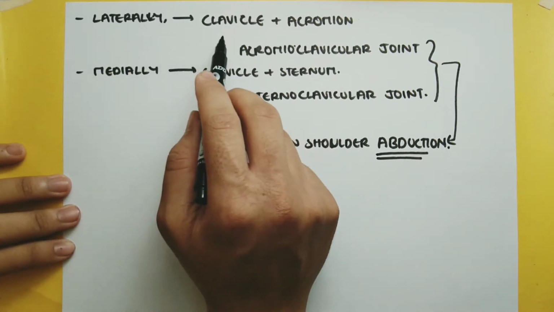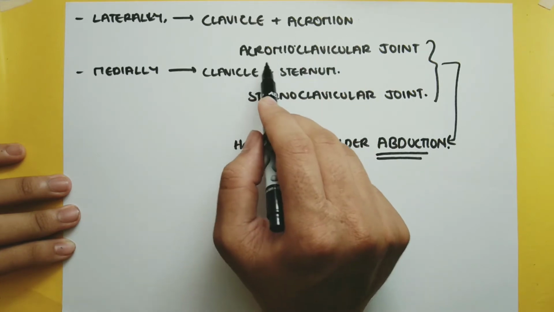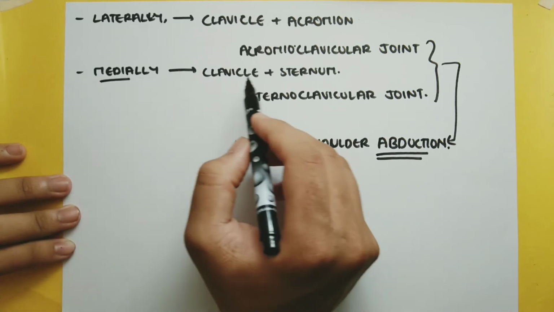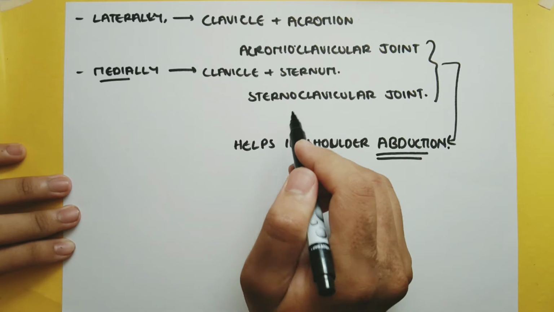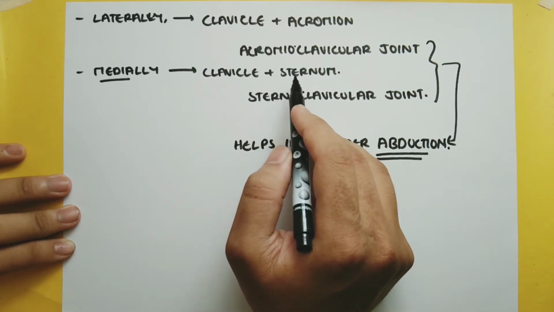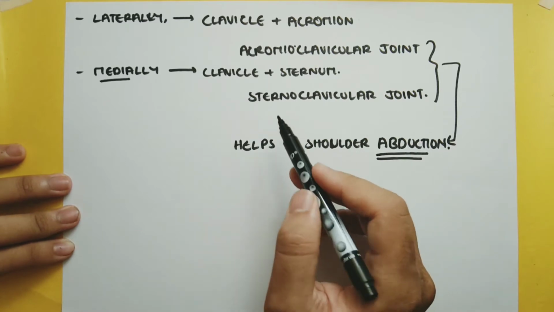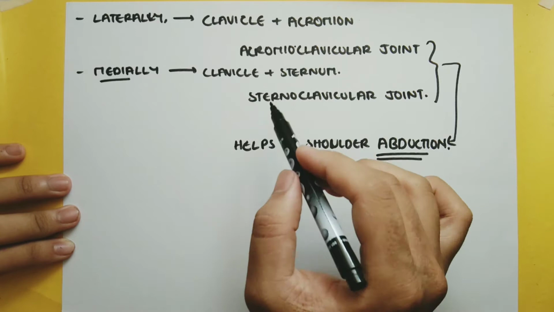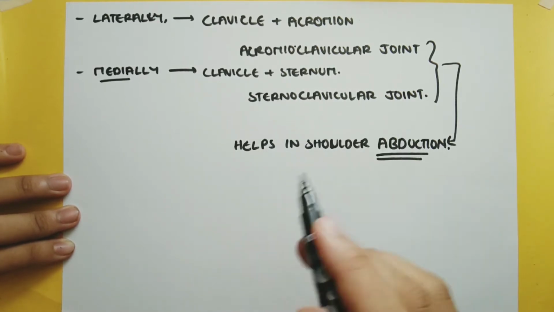Laterally, the clavicle attaches to the acromion of the scapula to form the acromioclavicular joint. And medially, the clavicle attaches to the sternum to form the sternoclavicular joint, at the clavicular notch of the sternum. These two joints together help in shoulder abduction.